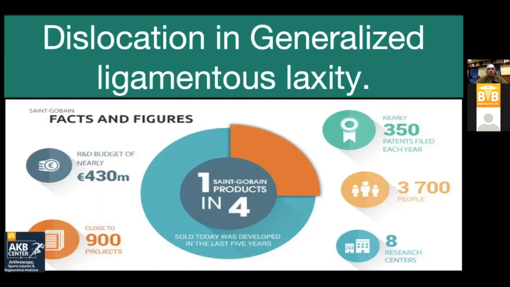Another important subgroup of dislocation is dislocation in generalized ligamentous laxity. Whenever we get a patient with shoulder dislocation, we must classify them according to the generalized ligamentous laxity Beighton score. This Beighton score has been described by Dr. Rohit in his last talk, so I'll not go into that detail.